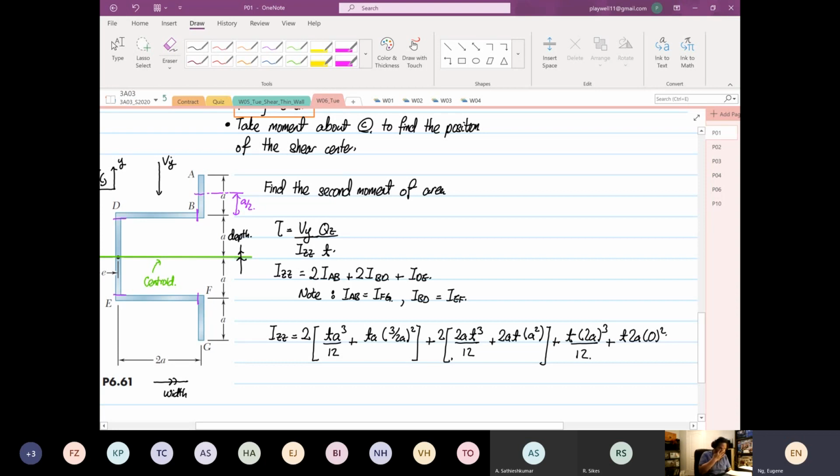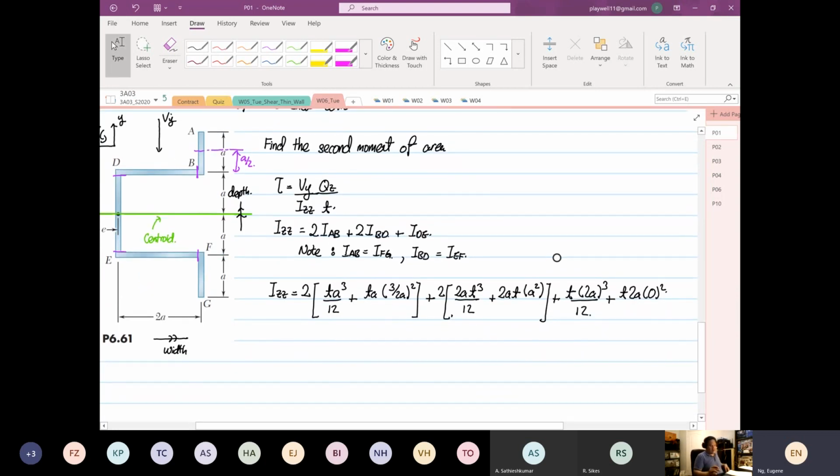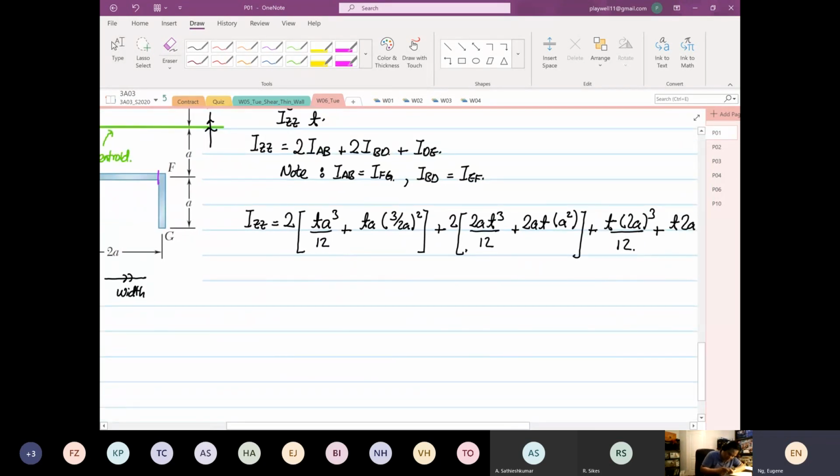Okay, we have to write it down. Now, I need you all to pay attention down here with me. What we have down here is 2TA cubed over 12, plus, so this will be equal to, I'm having a brain not moving.